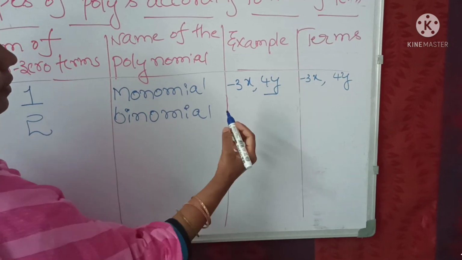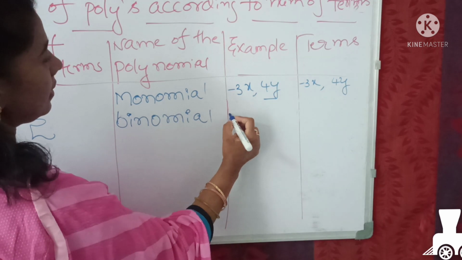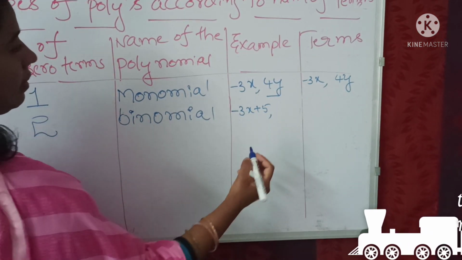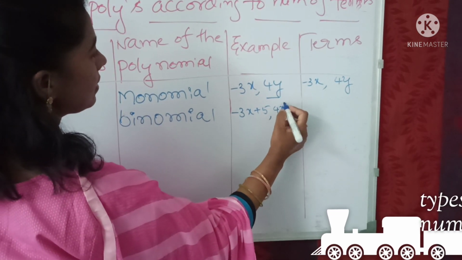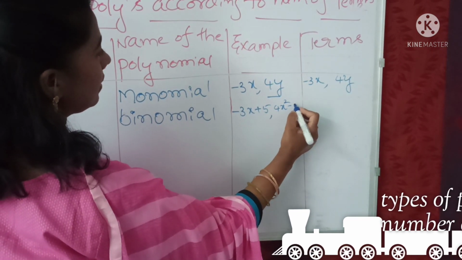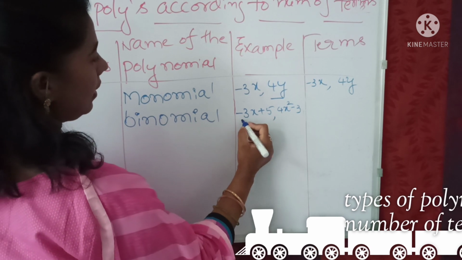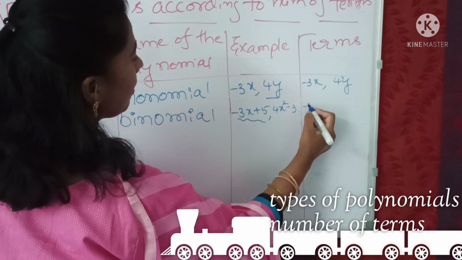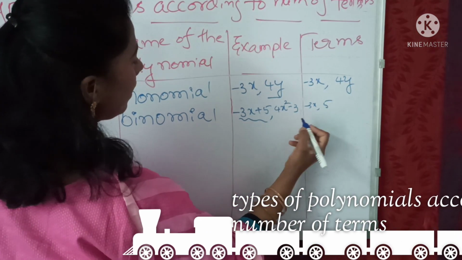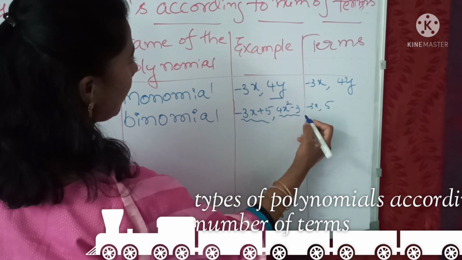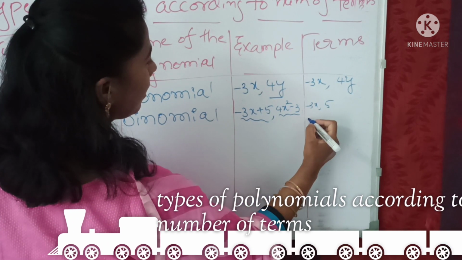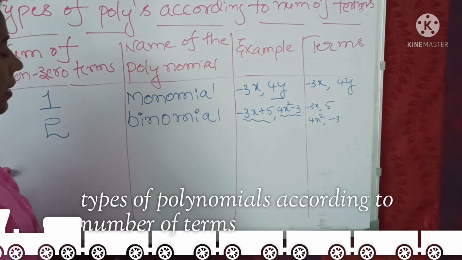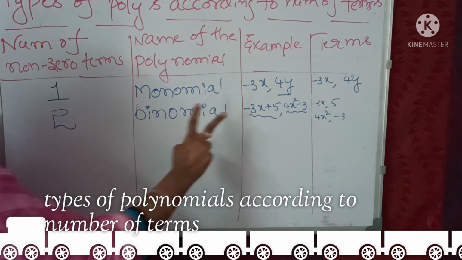Examples of binomial are minus 3x plus 5 or 4x square minus 3. In this binomial, the terms are minus 3x, 5, and in the second example, the terms are 4x square, minus 3. In this binomial, there are only two terms.